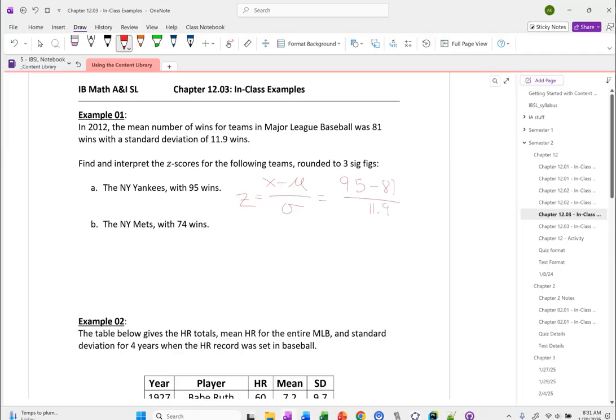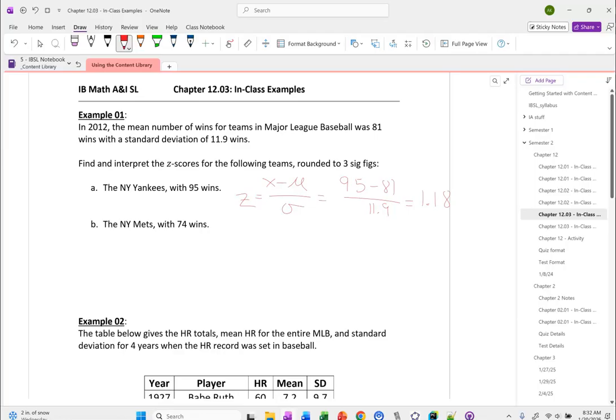So all I'm going to do is do 95 minus 81 and divide it by 11.9. And that'll give me my value for z, which is 1.18.